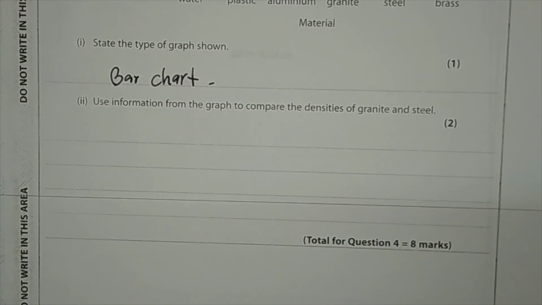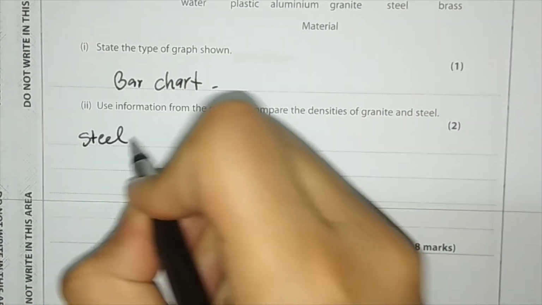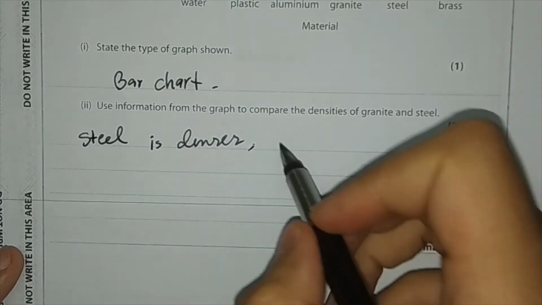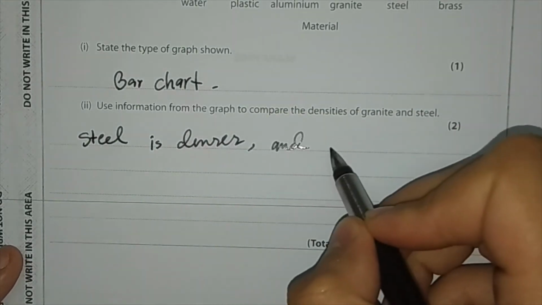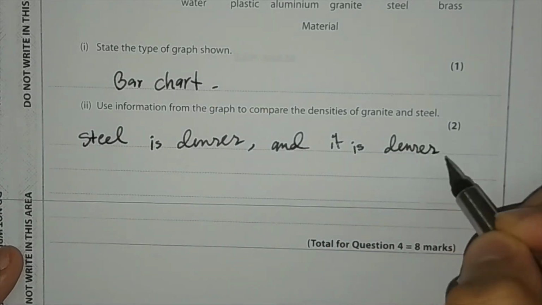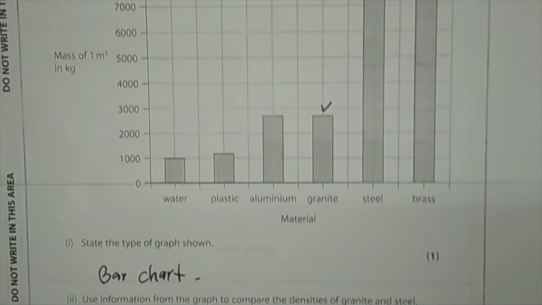So you'll just say steel is denser, 1 mark, and it is denser by how much, you can say like that.